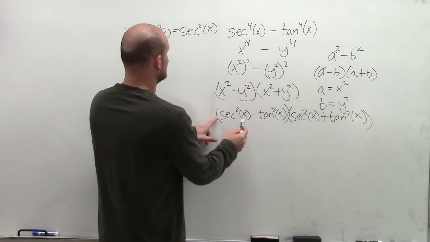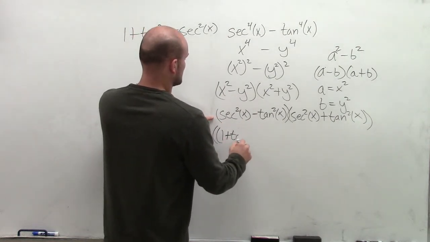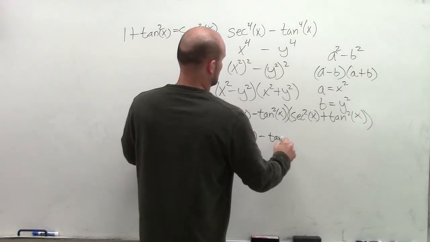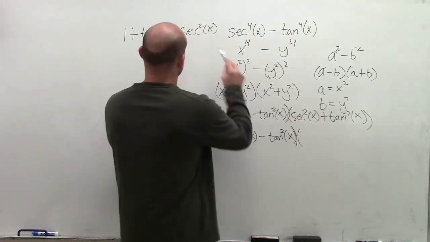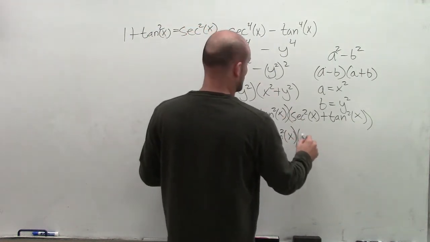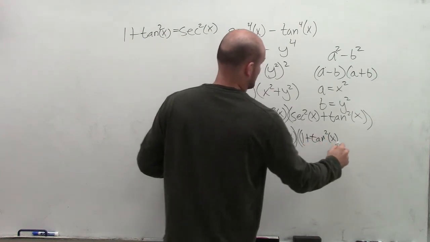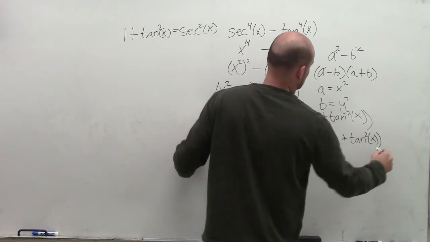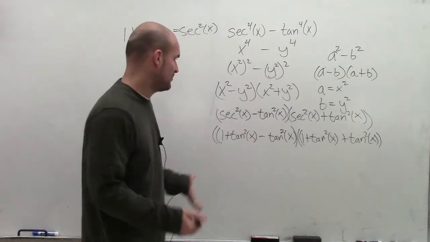So over here I have secant squared of x, which I'm now going to rewrite as 1 plus tangent squared of x. And then that's minus tangent squared of x times, again, another secant squared of x, so I'll do 1 plus tangent squared of x plus tangent squared of x. OK, so now let's simplify inside each one of my parentheses.